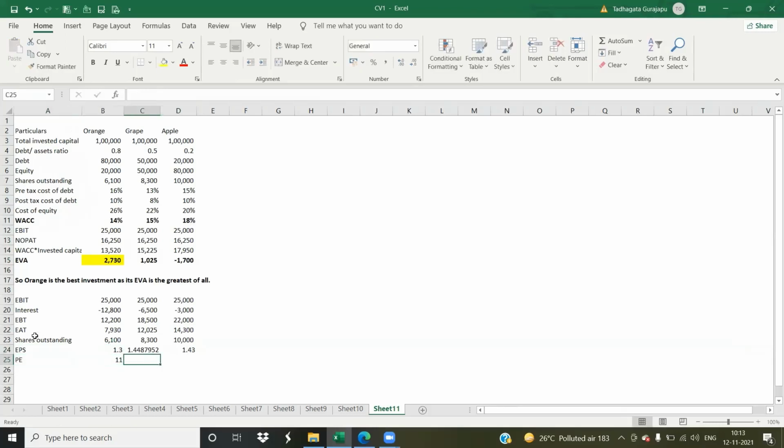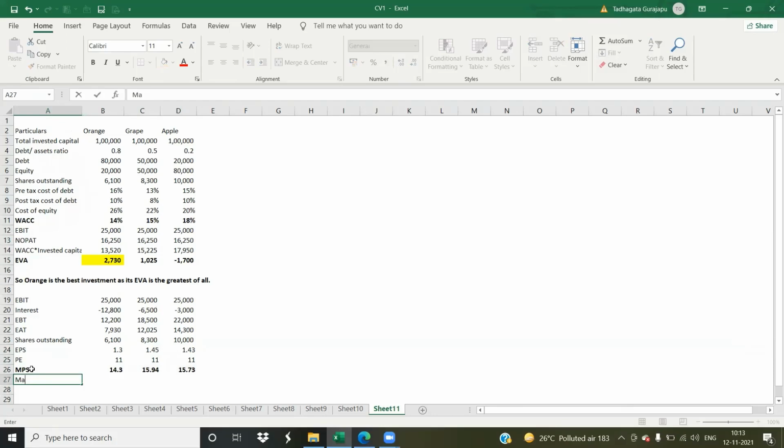Okay, that is 11. So MPS is P into EPS. Okay, so this is market price per share.